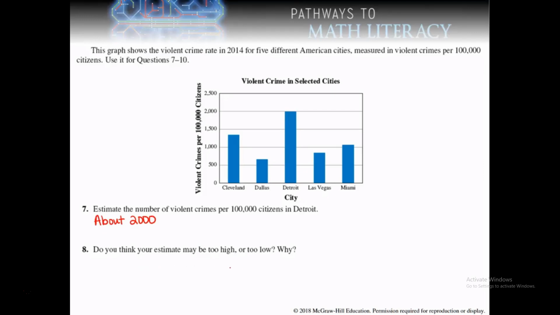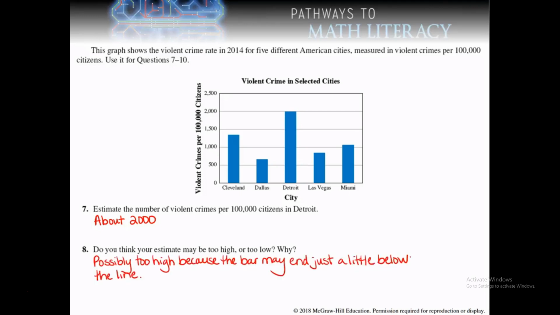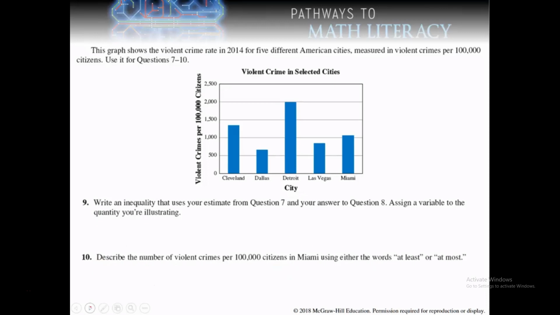And in 8, do you think your estimate may be too high or too low? It looked almost right on, but it's hard to tell because the lines aren't that fine. So the bar could end just a little bit before 2,000, so our estimate could be just a little bit too high. So then in number 9, let's write an inequality that says we may have overestimated and that rate may be just a little bit below 2,000.